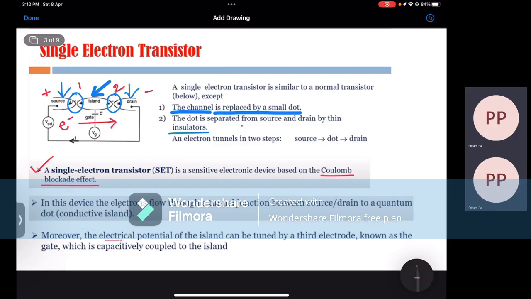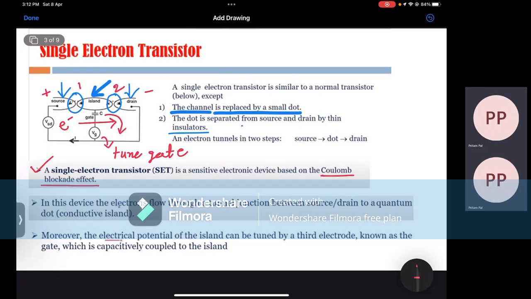This potential barrier, of course, can be tuned by a third electrode, which is the gate electrode that you can see. So we have used a gate here. With the help of this, we can tune the gate and control the barrier.